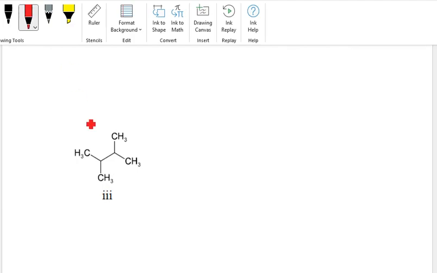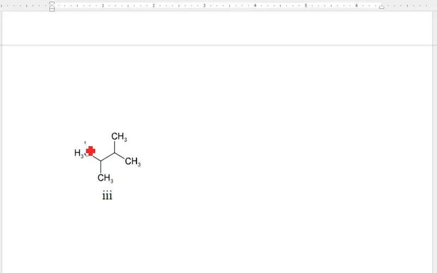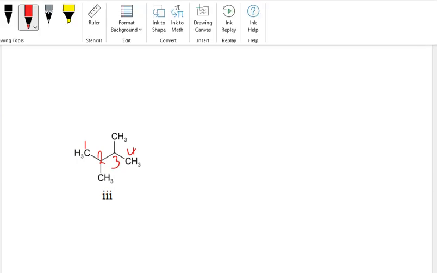This one will become my carbon number 1. This one will become my carbon number 2. This one will become my carbon number 3. And this one will become carbon number 4. All right. So let me go ahead and indicate my parent name.